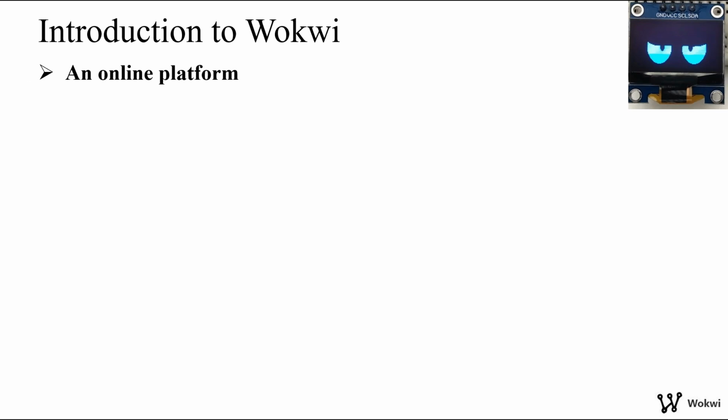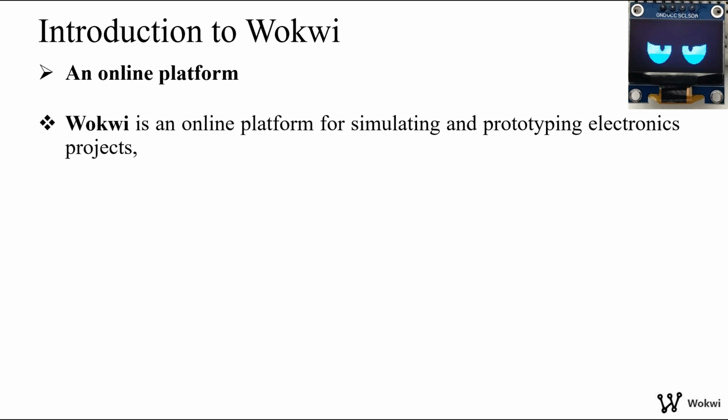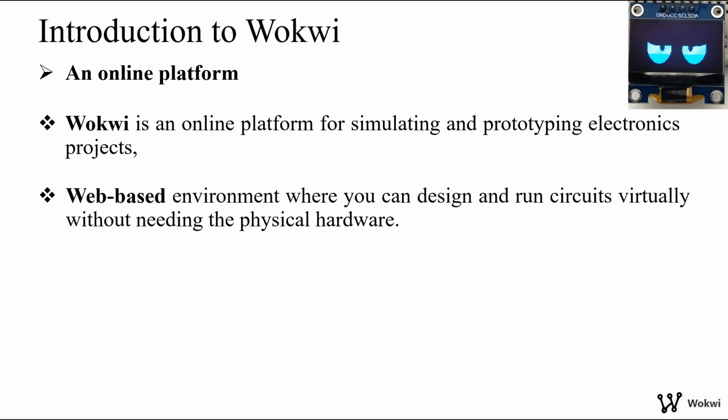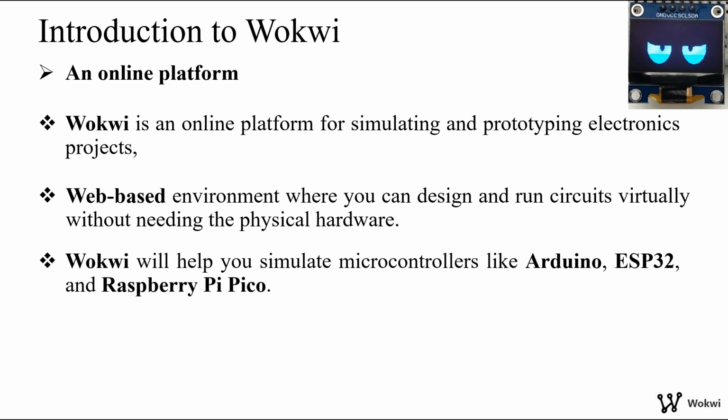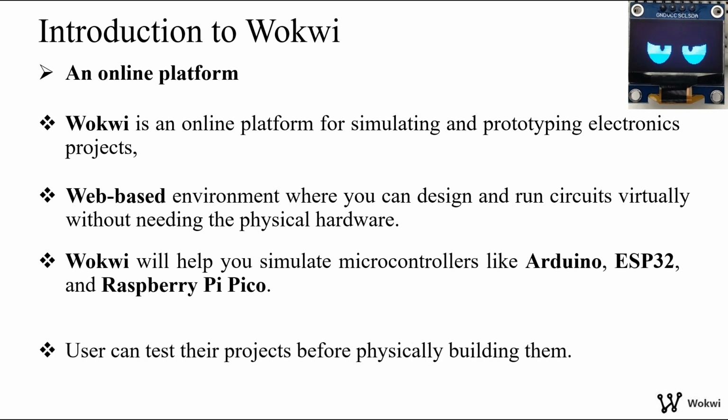Wokwi is an online platform for simulating and prototyping electronic projects. It's a web-based environment where you can design and run circuits virtually without needing the physical hardware. Wokwi helps you simulate microcontrollers like Arduino, ESP32, and Raspberry Pi Pico, and you can test your projects before physically building them.